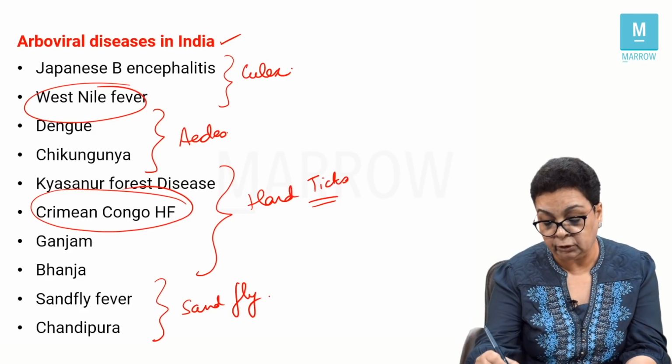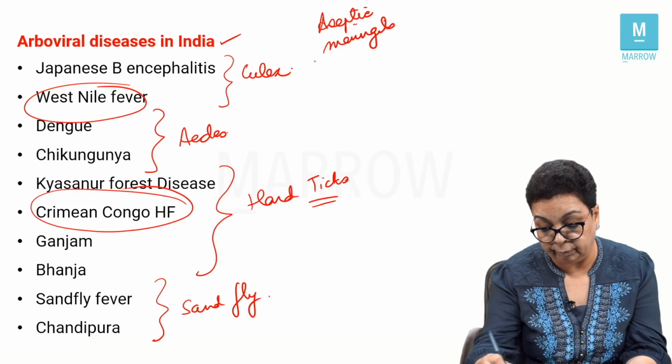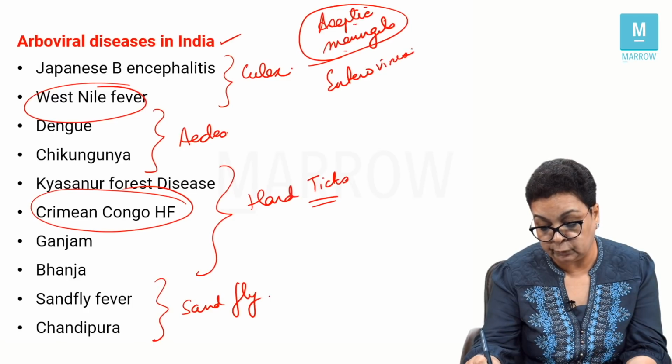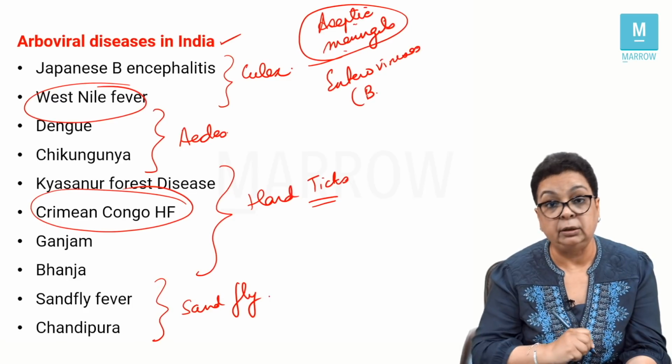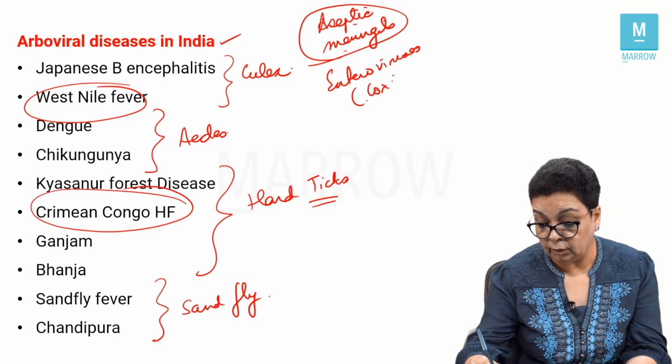Right? So when we talk about aseptic meningitis, as in this case, of course, the most common cause remains enteroviruses, especially Coxsackie B, echoviruses.